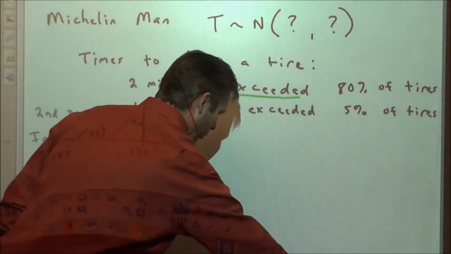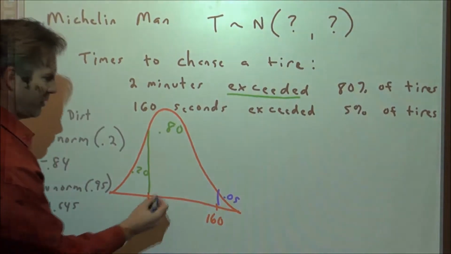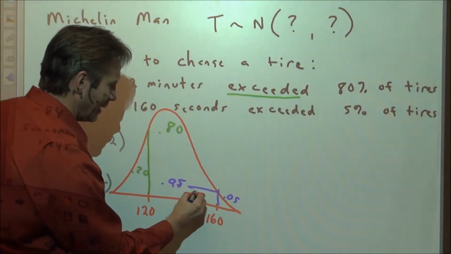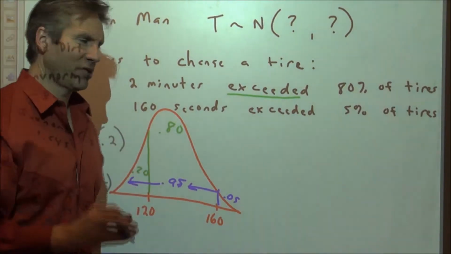Likewise, with the 160 seconds, it's true that that's exceeded 5% of the time, but more important to us is that the total area under the curve below the 160 is 95%.